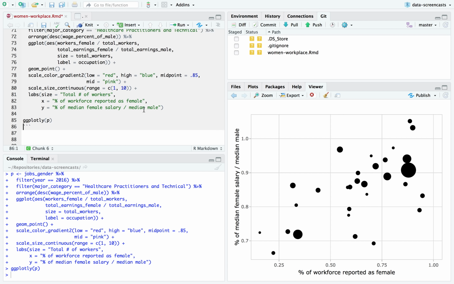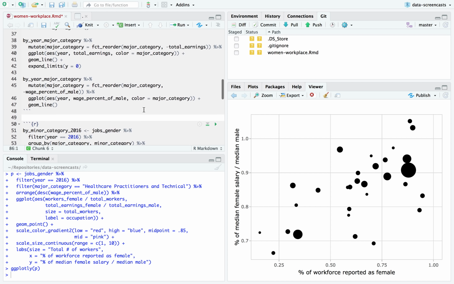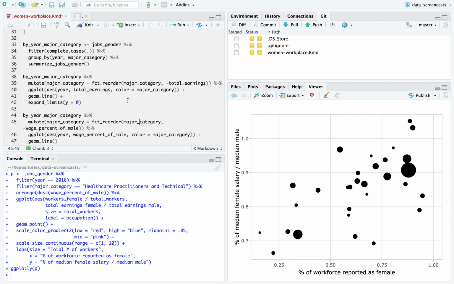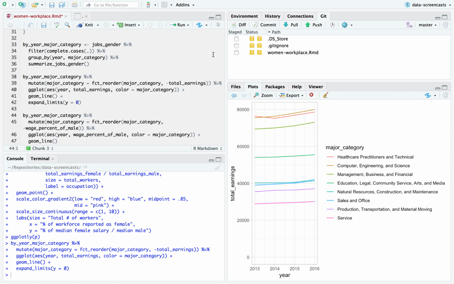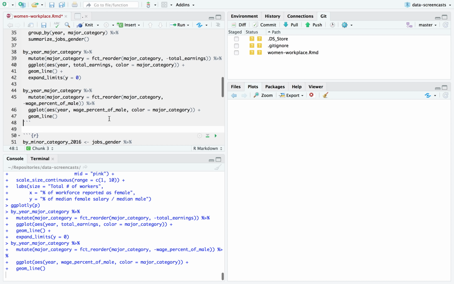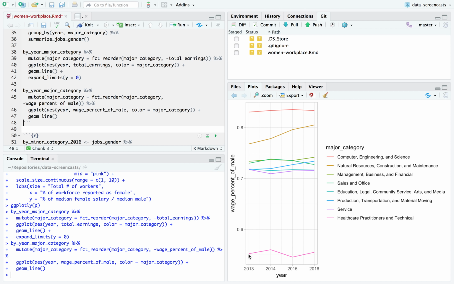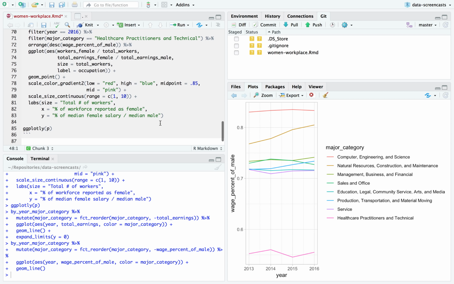But if we take a look at the aggregated data in this plot. Nope, this one. The aggregated healthcare practitioners and technical, so the aggregated wage gap is actually closer to, this looks like 55%.